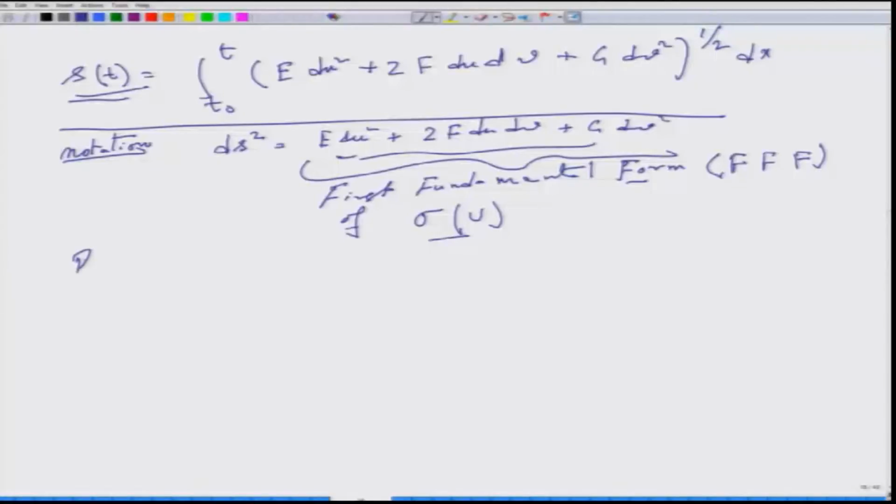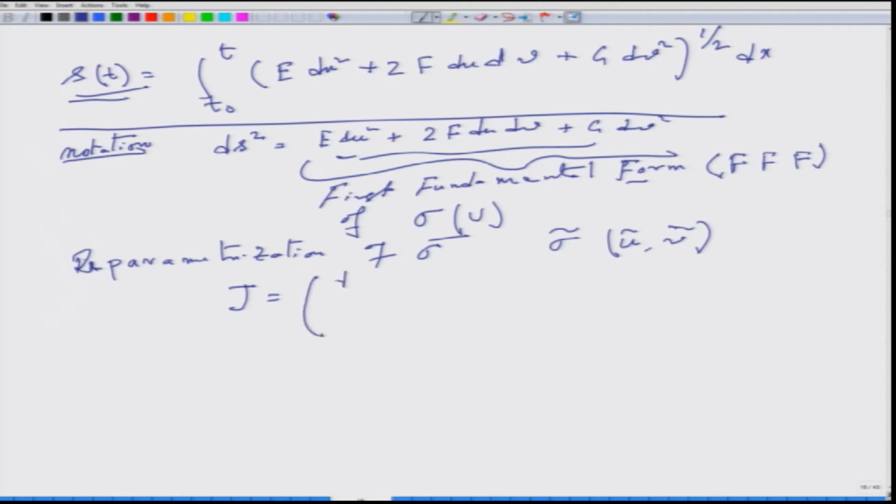So, if I have a reparameterization of sigma, let us say sigma tilde, with u tilde, v tilde, then you look at the Jacobian matrix of old by new: du by du tilde, dv by du tilde, du by dv tilde, dv by dv tilde.